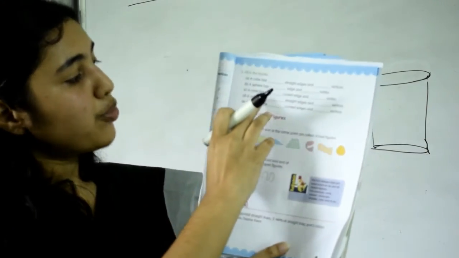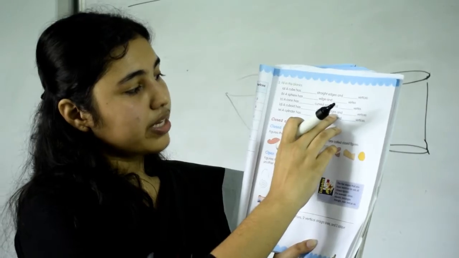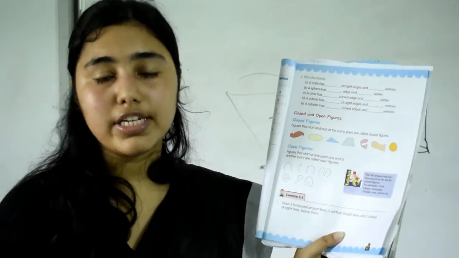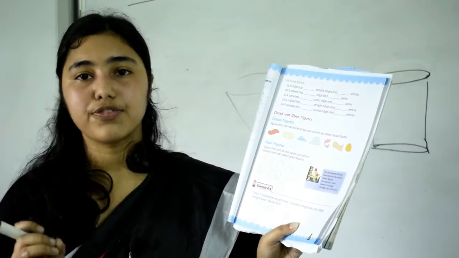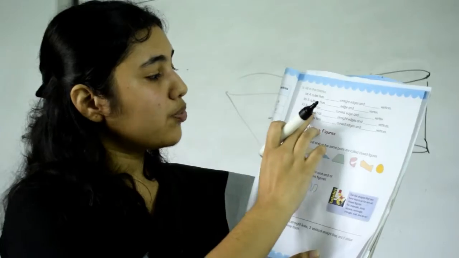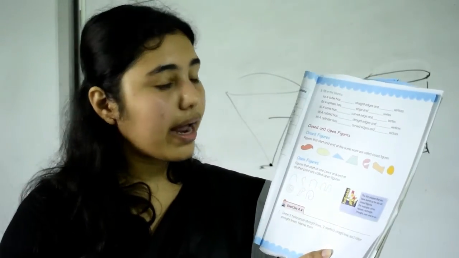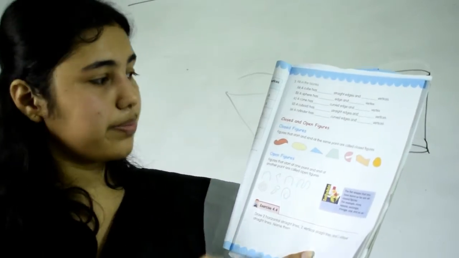Next, a cuboid has dash straight edges and dash vertices. Again, a cuboid is made up of 6 rectangular flat faces, which means a cuboid also has 12 straight edges and 8 vertices.